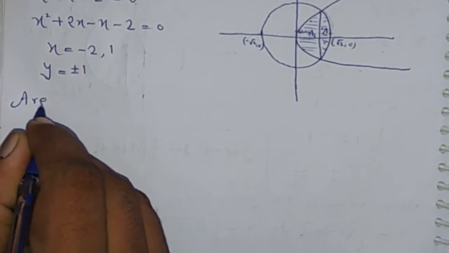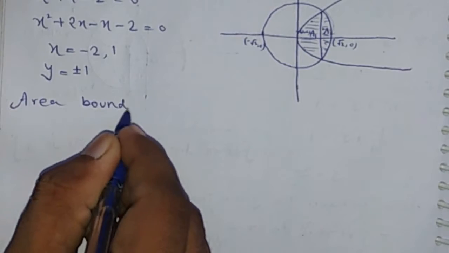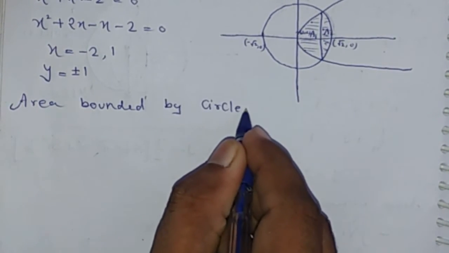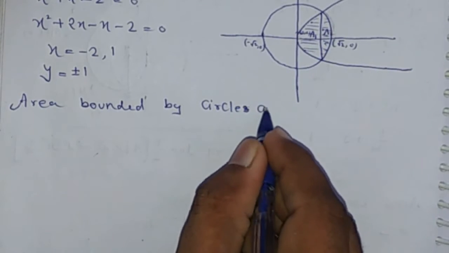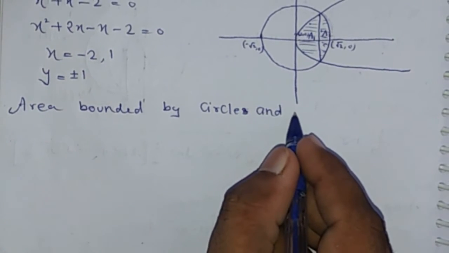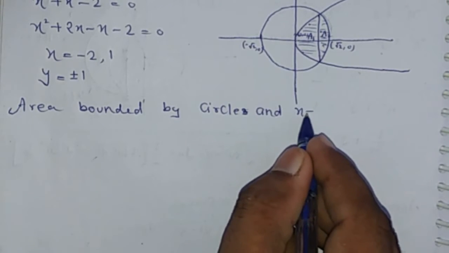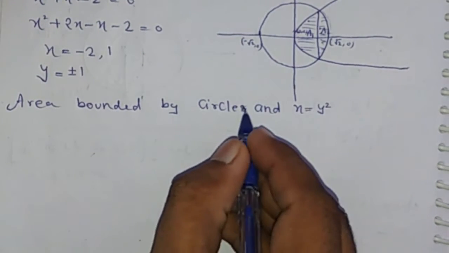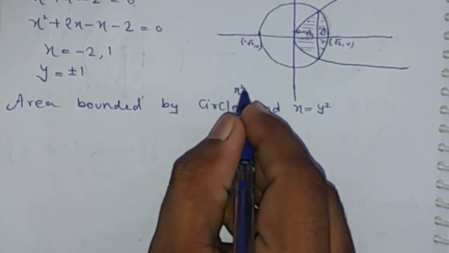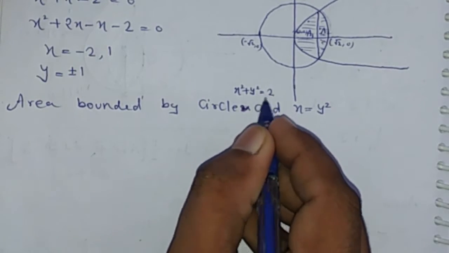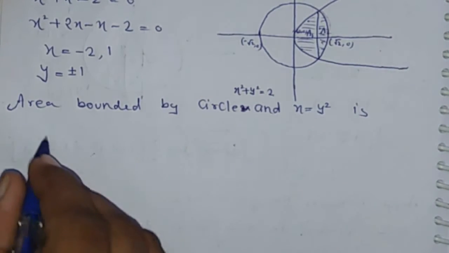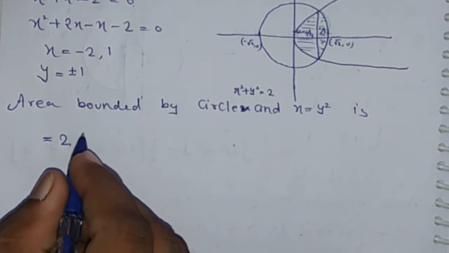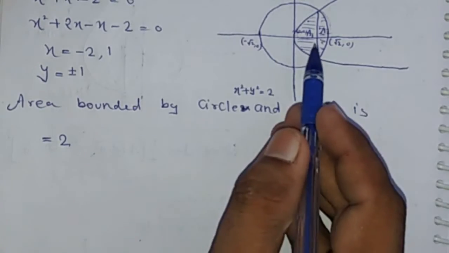Now the area bounded by the circle and the parabola is 2 times, for the A1 region, we have the limits.